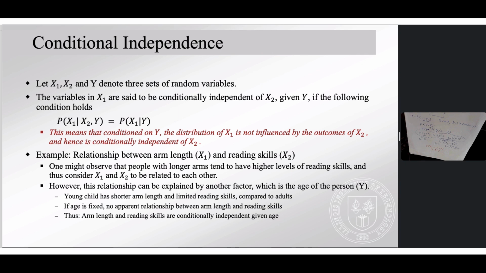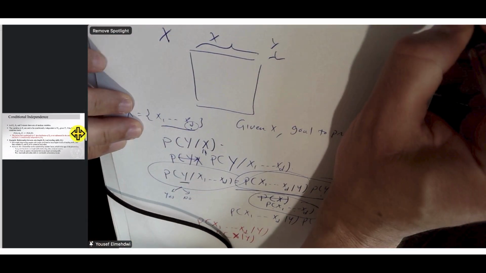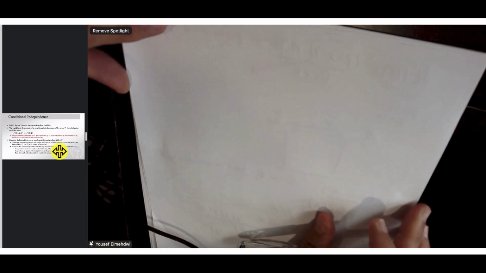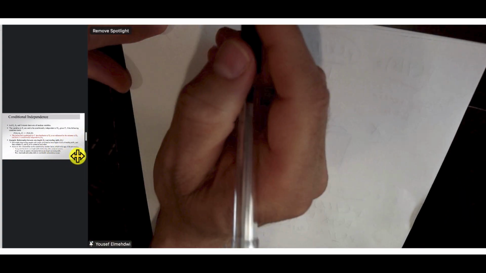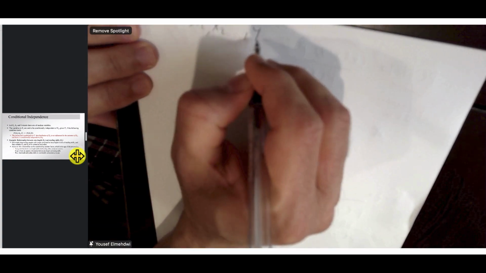Let's assume that we have two random variables, x1 and x2, and we have y, so three random variables.